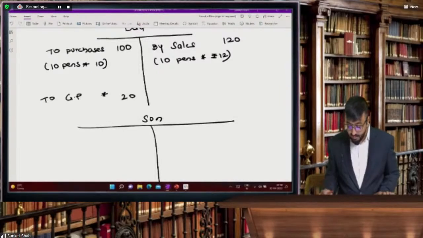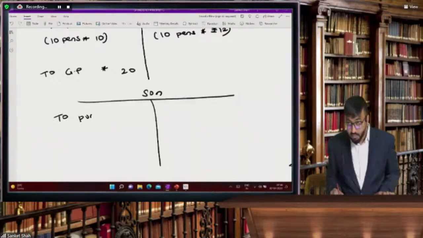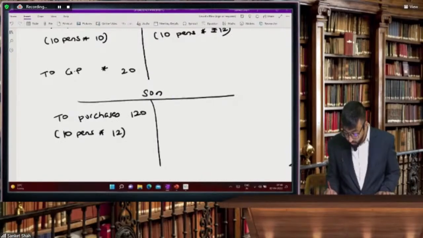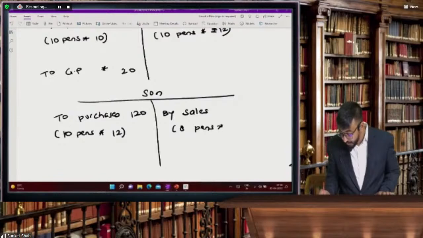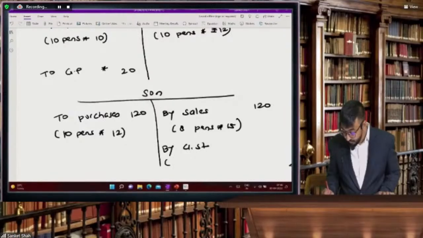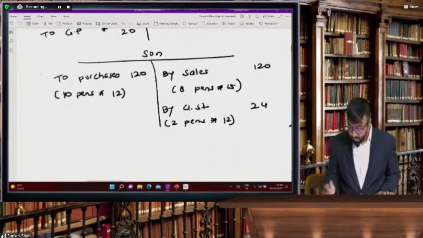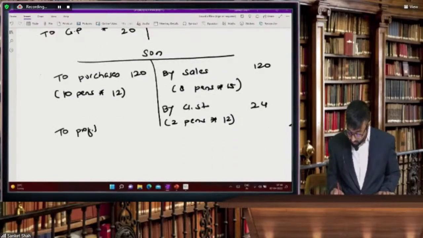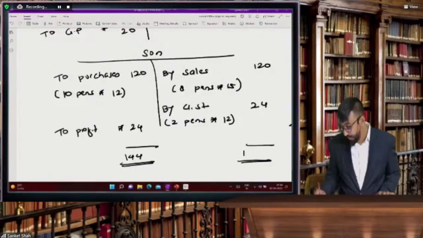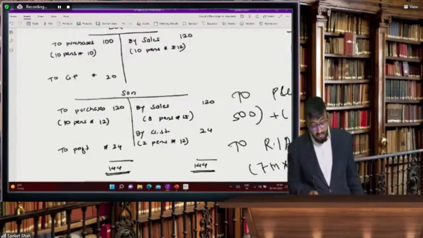Now son is selling. Yes, to purchases. How many pens did he get, beta? 10 pens. At what price? 120. And he sold 8 pens at rupees 15. So he is left with 2 pens and he will record them at 12. So what is the profit? 24 rupees. Tell me, what is unrealized profit in this concept?